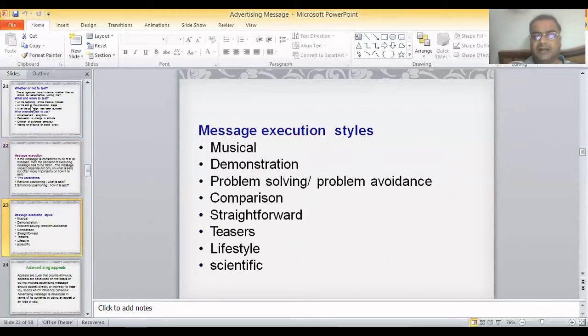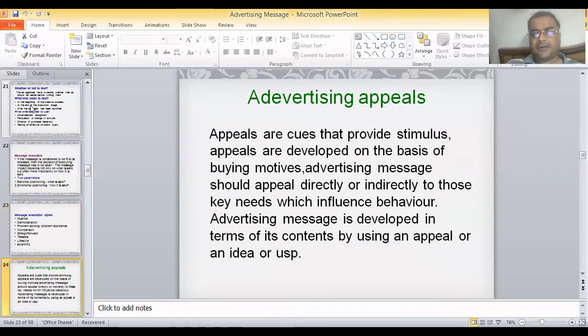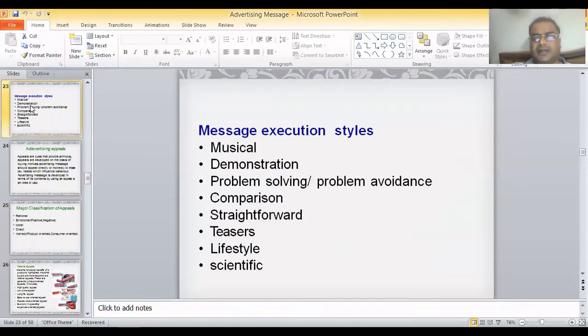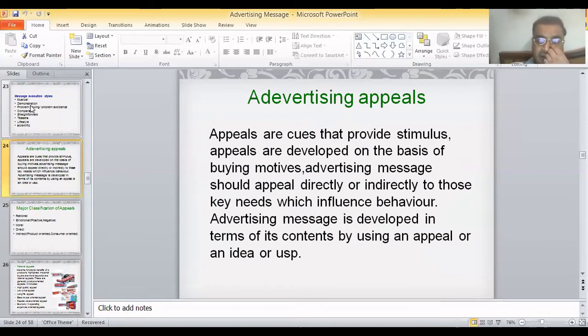Now, there are various execution styles: musical, demonstrative, problem solving, comparison, straightforward, teaser, lifestyle, and scientific. Now, in this, there is something called advertisement appeals.